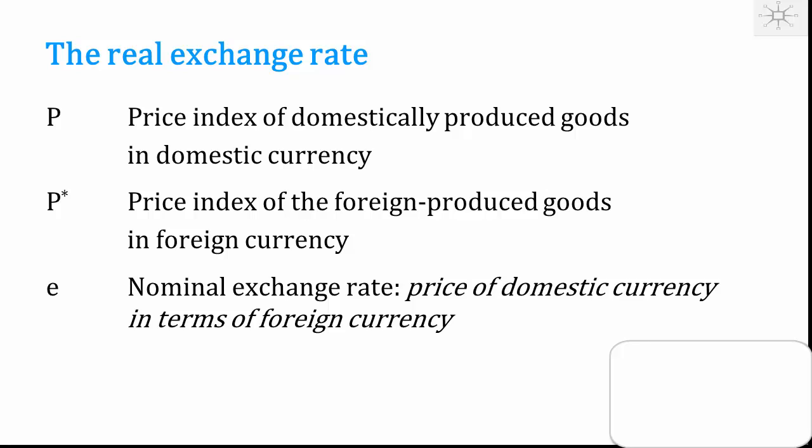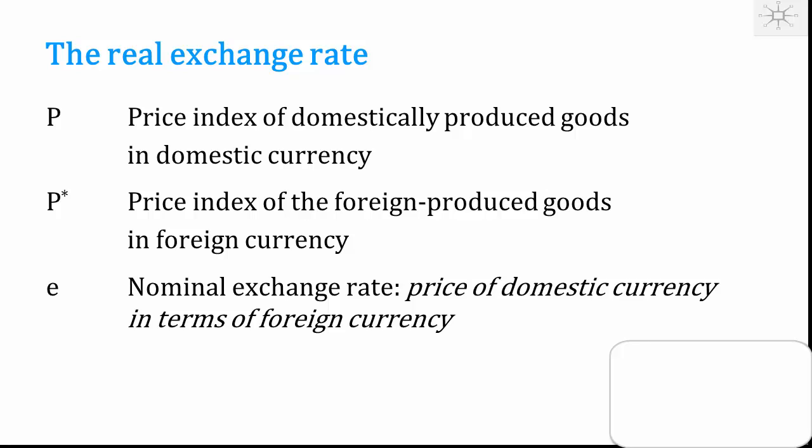So when you measure the exchange rate, there are two ways of measuring it. You can define it as the price of foreign currency in terms of domestic currency, or as the price of domestic currency in terms of foreign currency. And in different data sources and different books, different definitions are used.